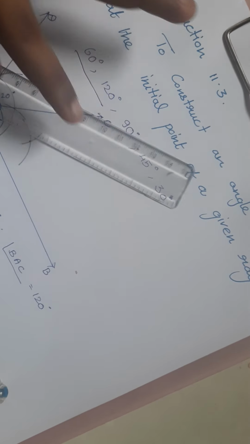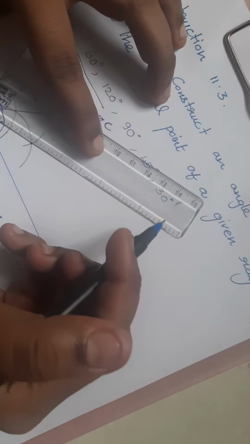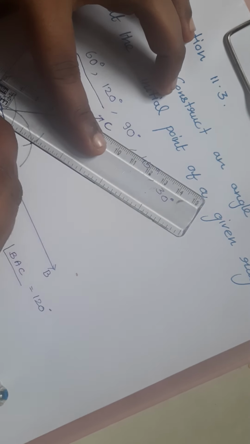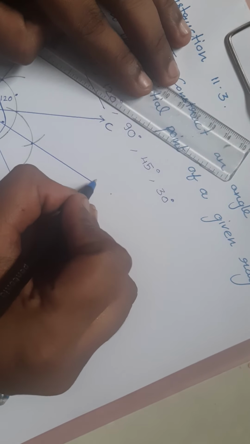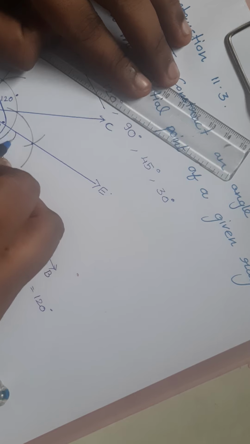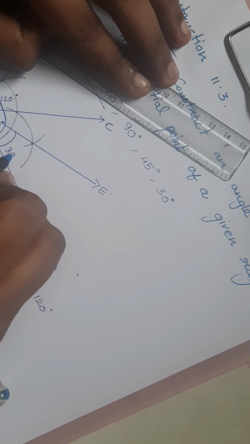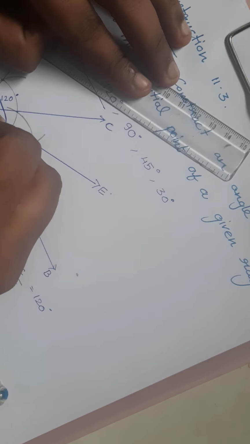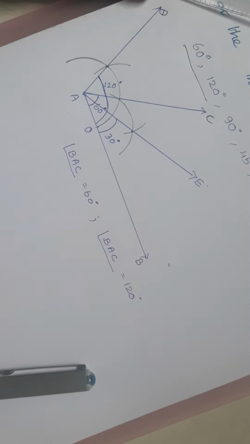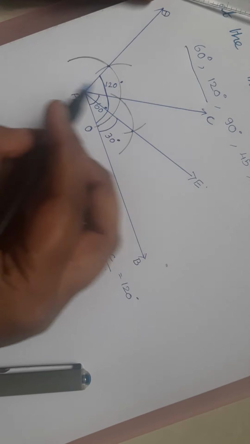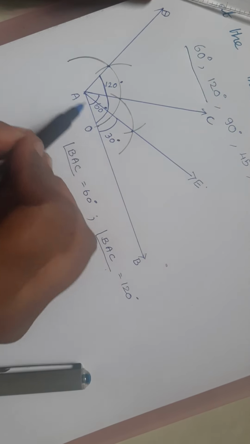Now you can join this. This is E, and this is 30 degrees.